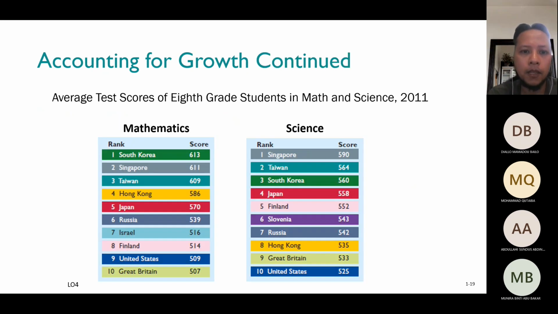Okay. Yeah. So here, for example, one aspect is in terms of education. So this is, I think, the PISA scores. They measure the level of mathematics and science in certain countries, right? And this basically reflects their human resources.